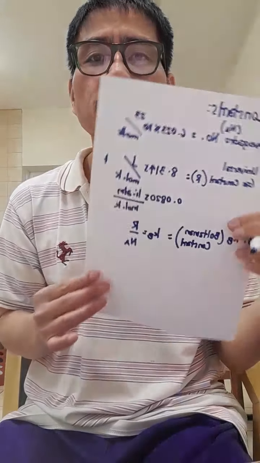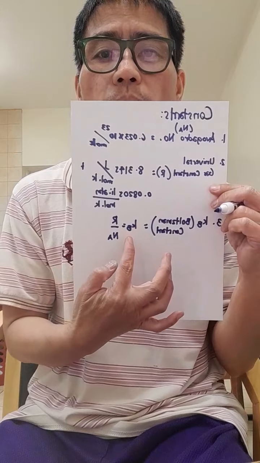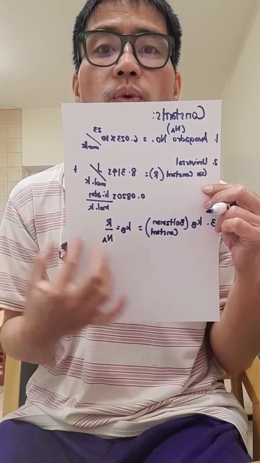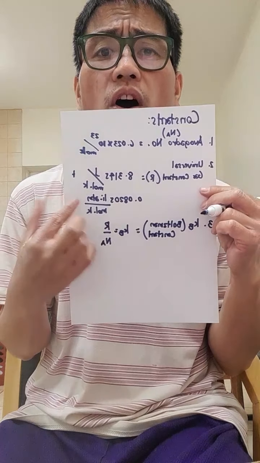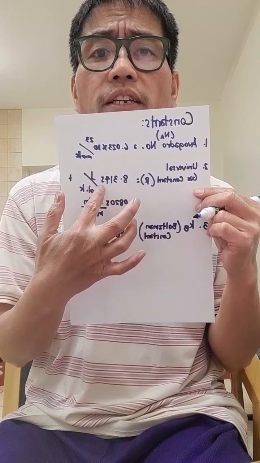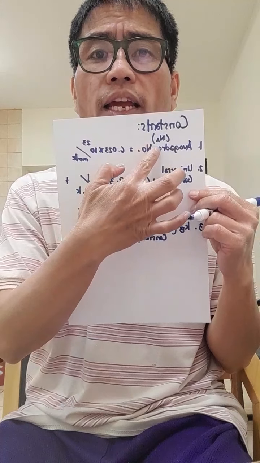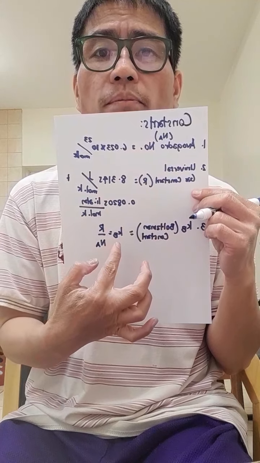Okay, so the Kb will be equal to R over Na, in which we have the value of R divided by the Na will be equal to our Kb.